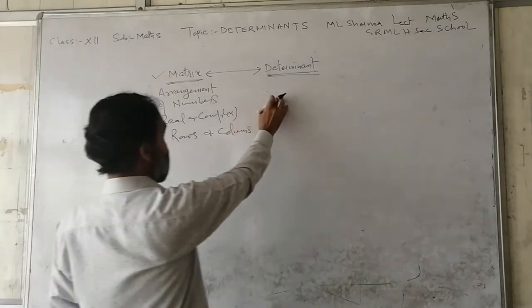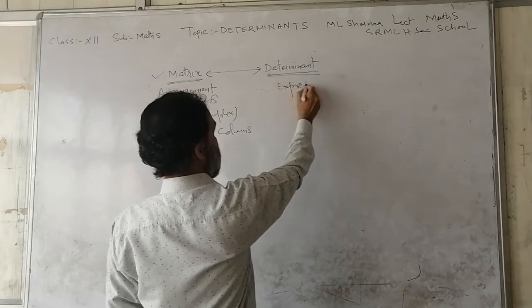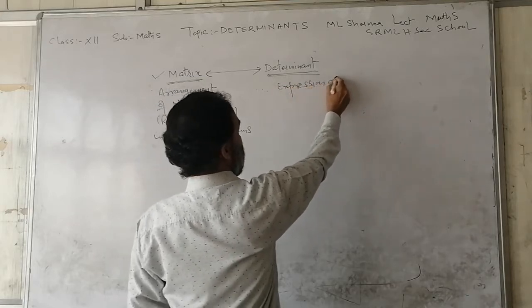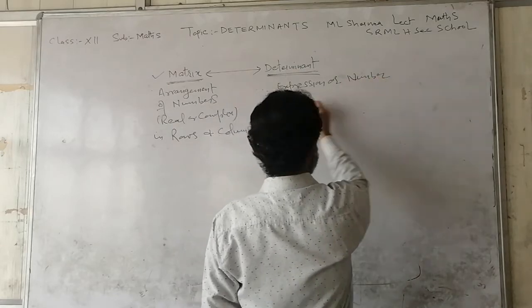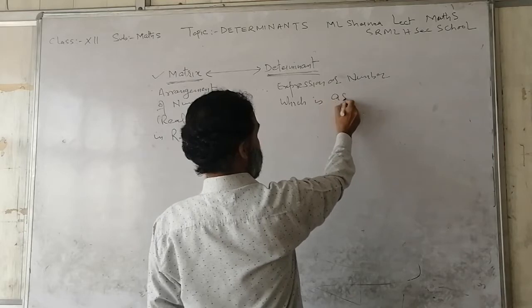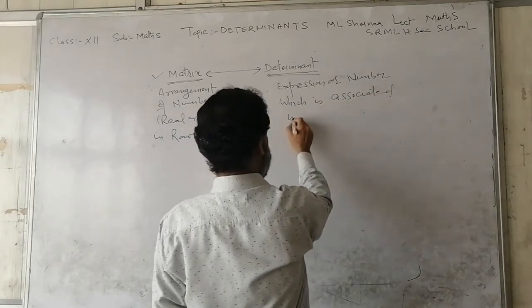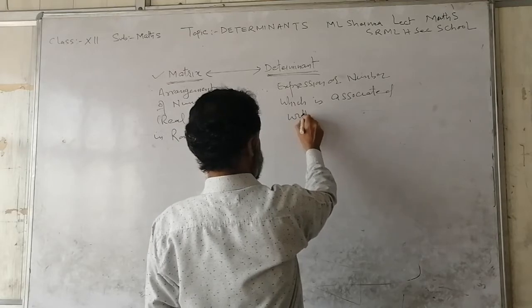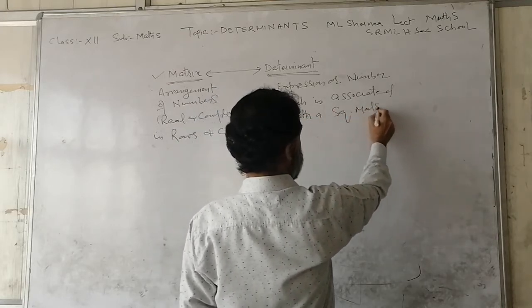Whereas a determinant is an expression or a number which is associated with a square matrix.